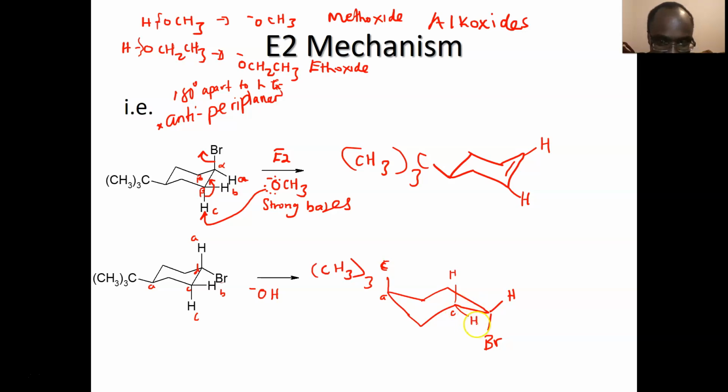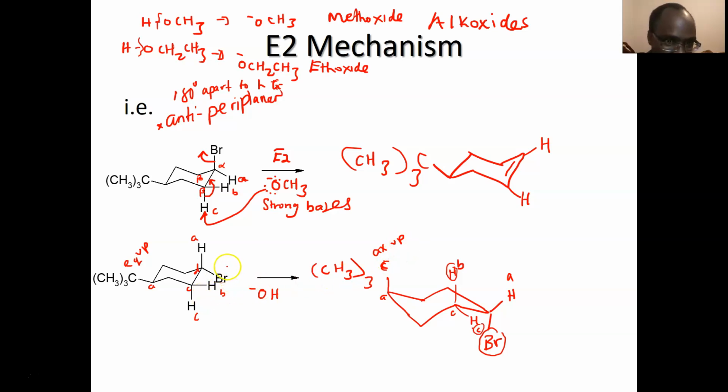Alright, so this is a flipped ring, and now this gives you an idea. Now that you have this structure where this is A, this is B, and then this is hydrogen C, it shows you that you need to take out hydrogen B, because after the flip, now hydrogen B is 180 degrees to the leaving group. If you forgot about the flip, anything that's equatorial up like this one will end up axial up.